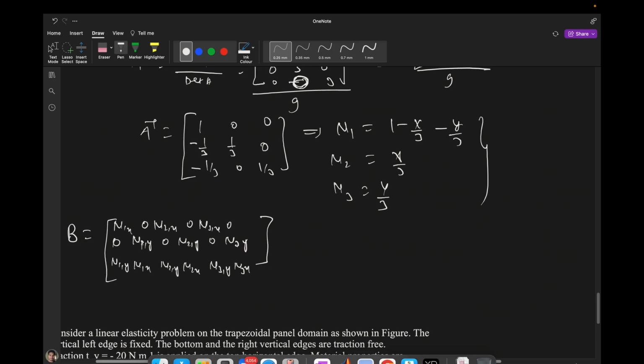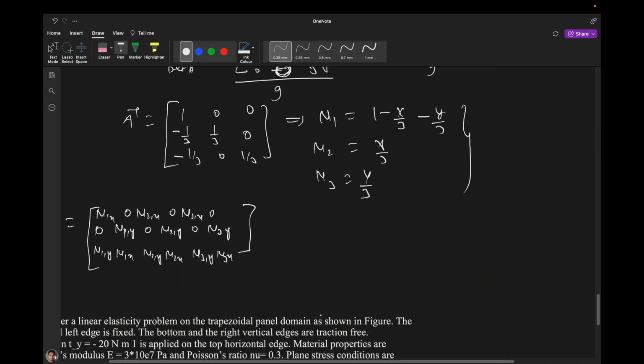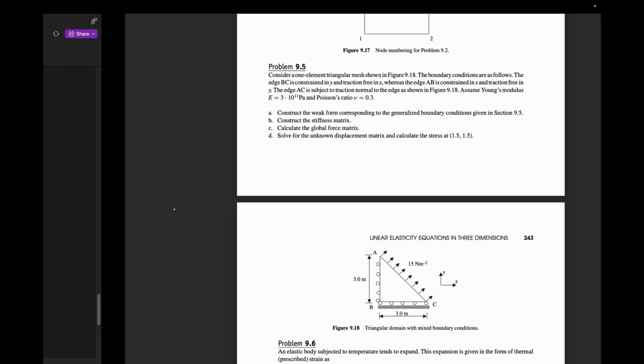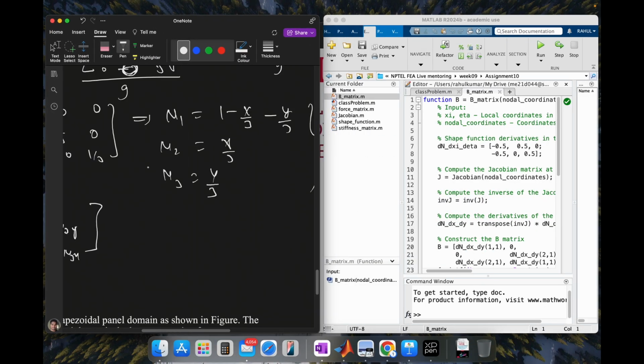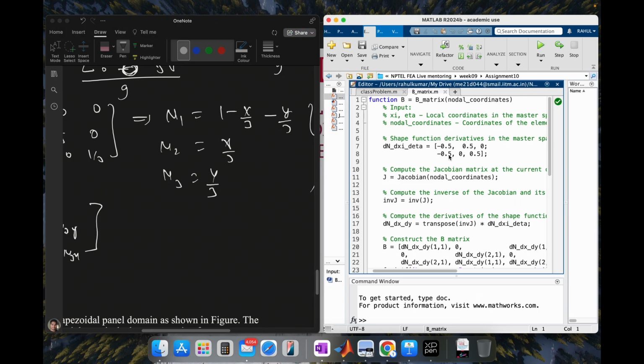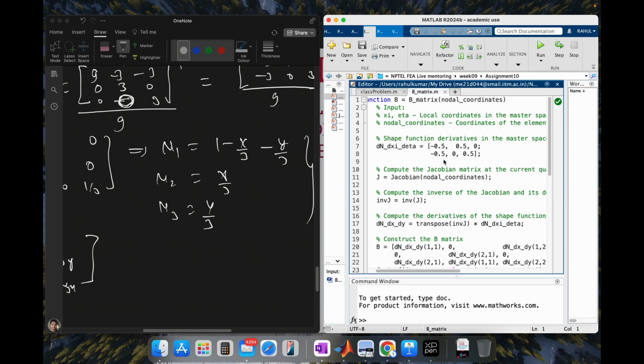Okay, so based on that I have created it. First we need to find n1x, n2x. So this is all about that. What is that? That will be 1 by 3.